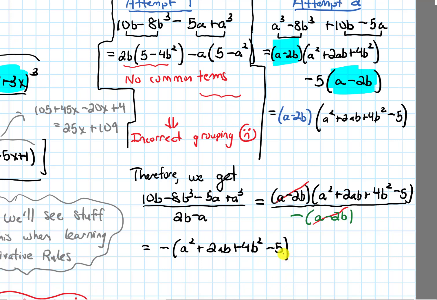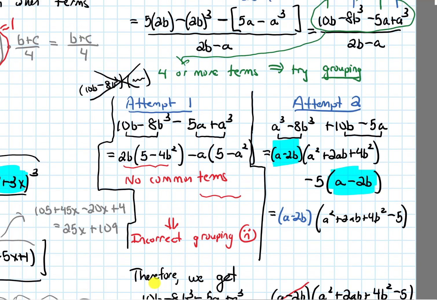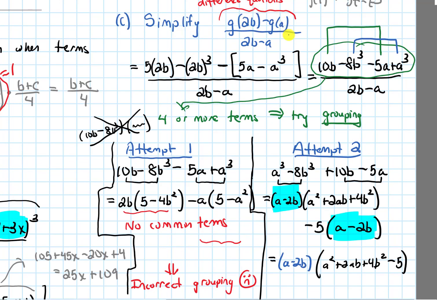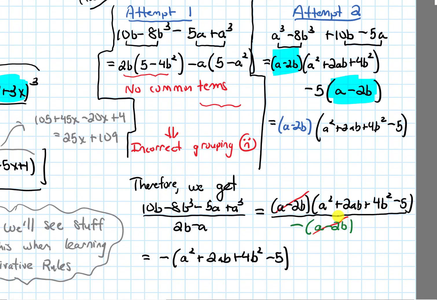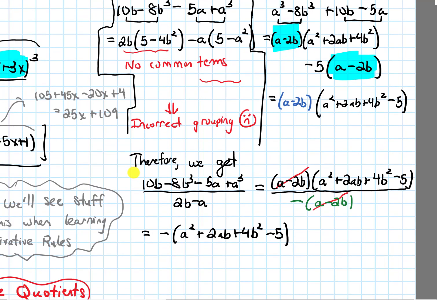One super important thing about this is, if I think back to my original expression that I was trying to simplify, notice that there was this denominator, and when I have a denominator, I've got to make sure that the denominator is not 0. And as long as the denominator was there, it's clear that the denominator shouldn't be 0. But as soon as it disappears, once it canceled, I have to make sure that I don't change the domain.